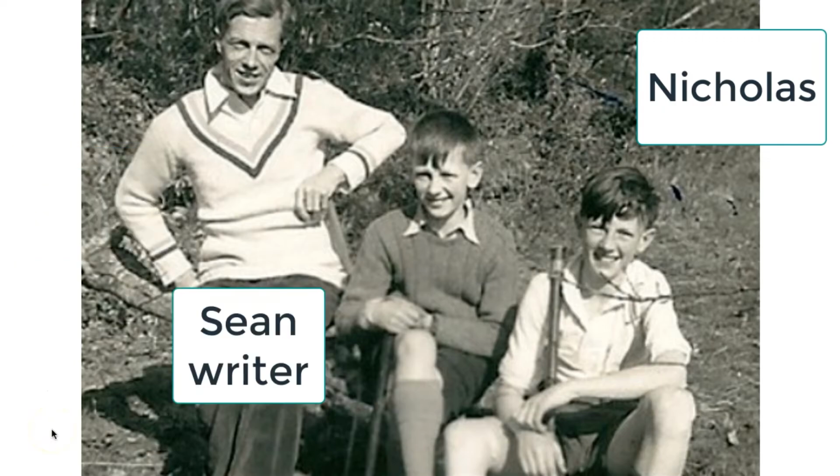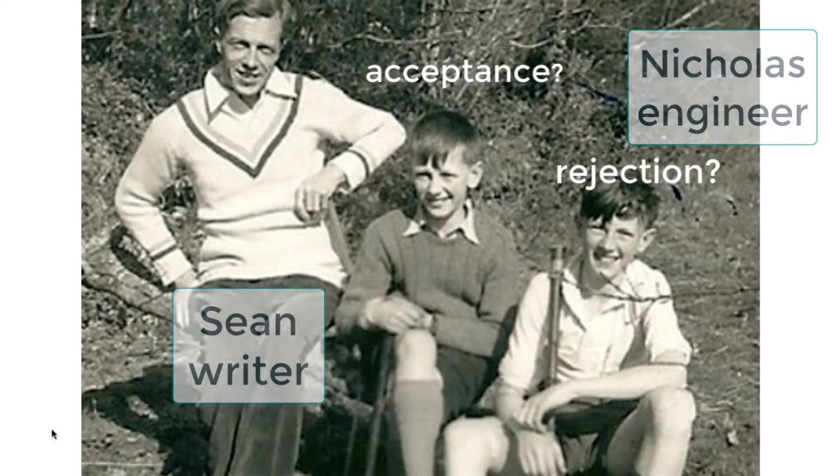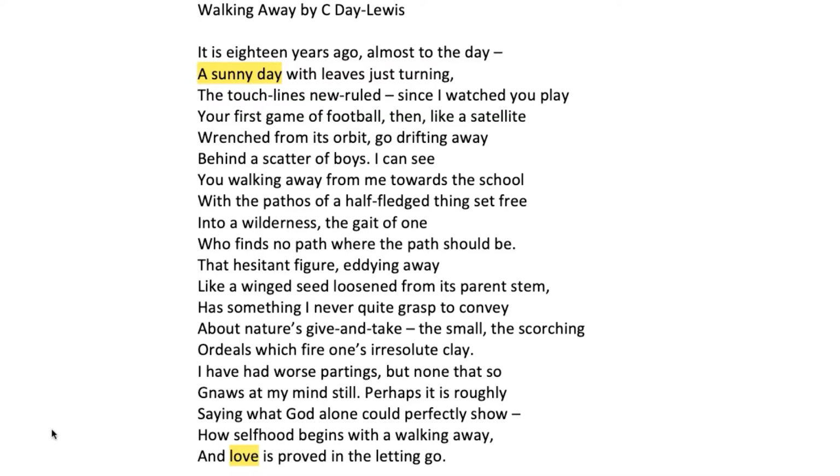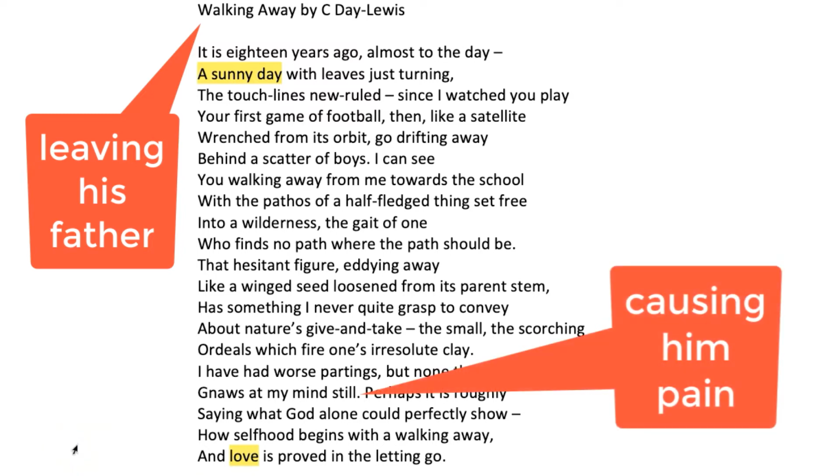Now, the reason this is interesting is it brings up the theme of acceptance and rejection. If we can see which son followed in his father's footsteps and which one distanced himself from his father's footsteps, we could imagine that the son he's talking about is the engineer who's moved away from the arts and in that way walking away symbolically from his father.